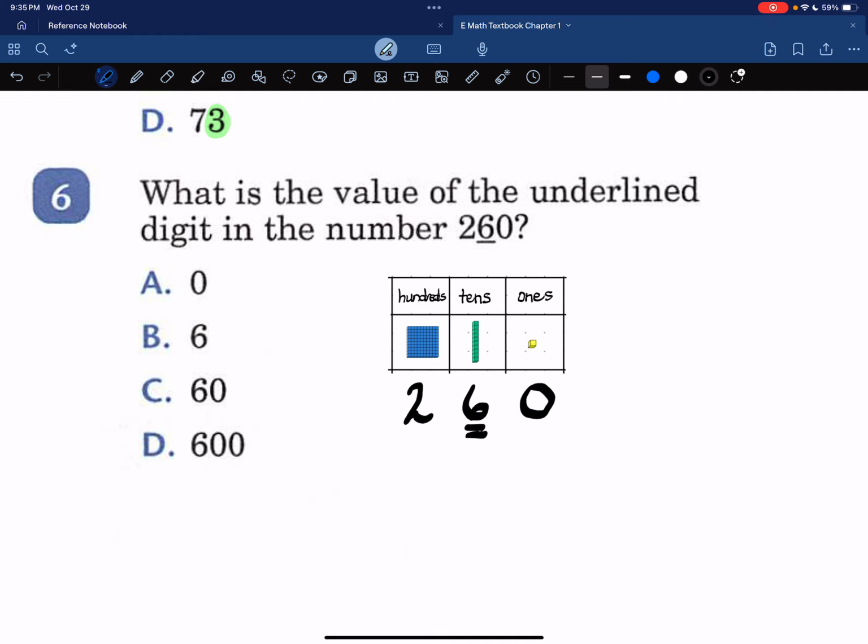So it is in the what place? Which place is it in? My grammar's horrible. It is a 6 in the tens place. So that would be 60. And that is the value of that number.